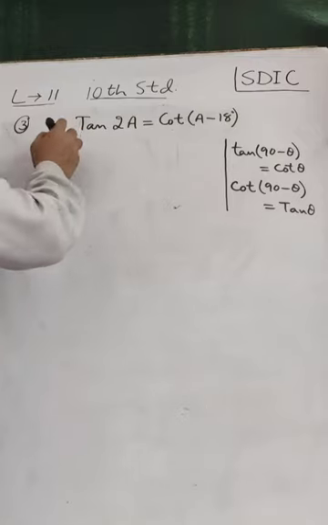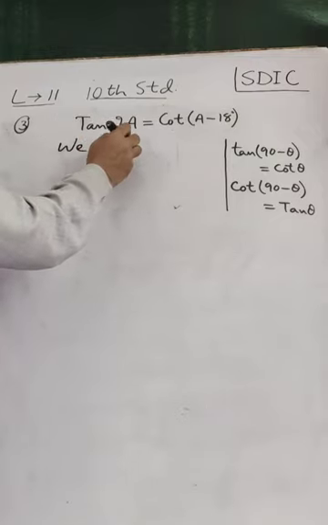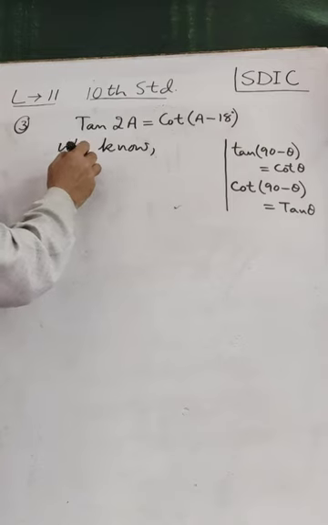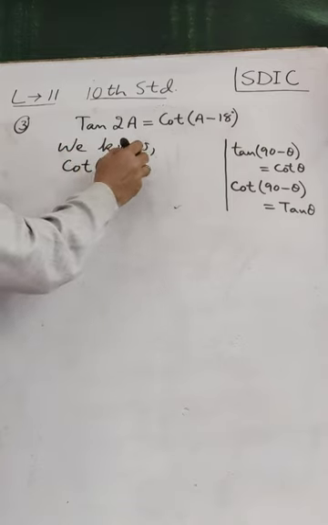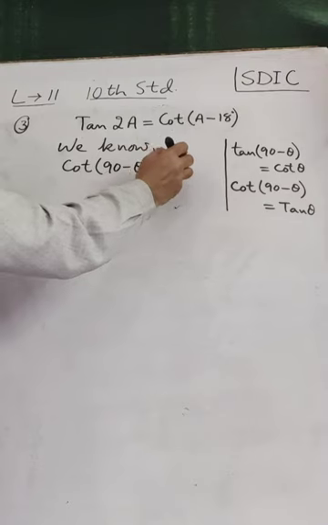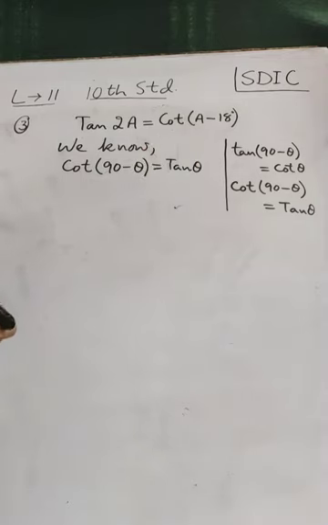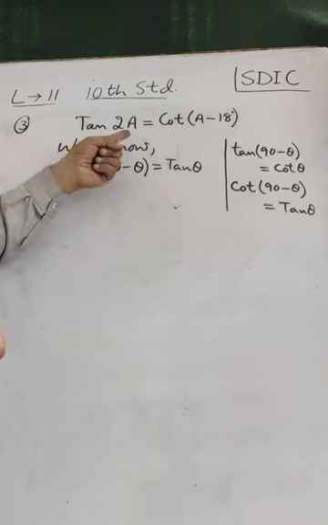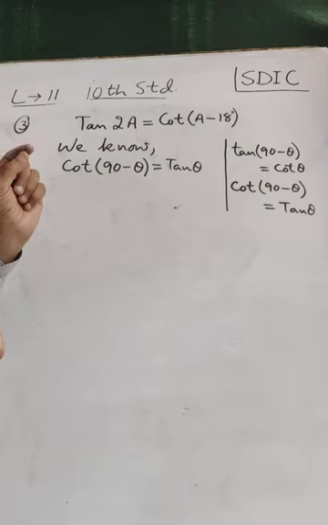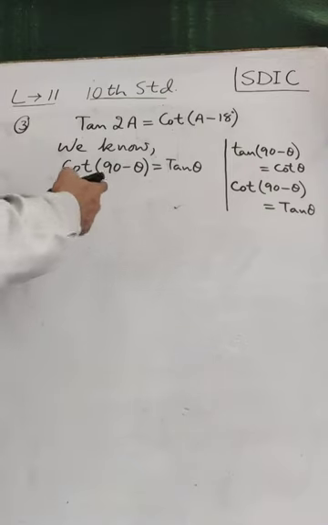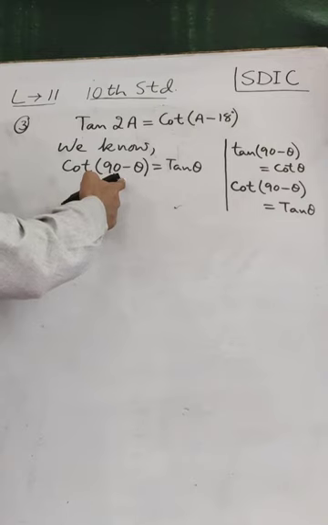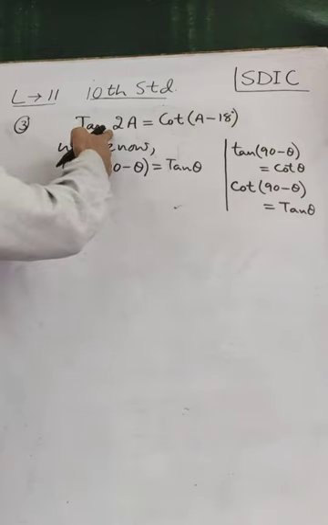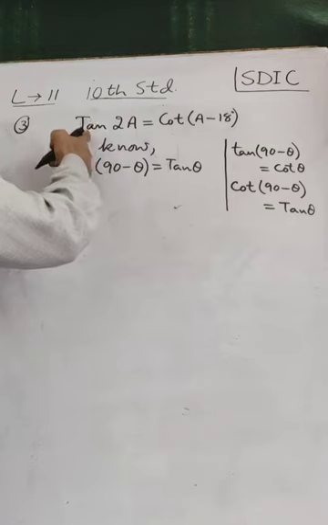So we know cot 90 minus theta is equal to tan theta. This relation out of those 6 we chose. And the reason you must remember is that in the given relation tan has a monomial angle, and here also tan has a monomial angle. We would like to change the angle here to the angle given to us, the monomial angle 2a with tan.